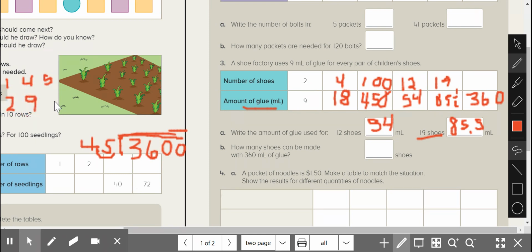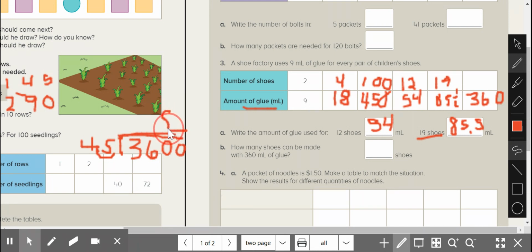And actually, that's going to help me out quite a bit, because 90 does go into 360. 90 goes into 360 4 times. But I'm not going to put 4 here because 4 times 45 is not 360. I need to take 4 times 2 to get the number here.